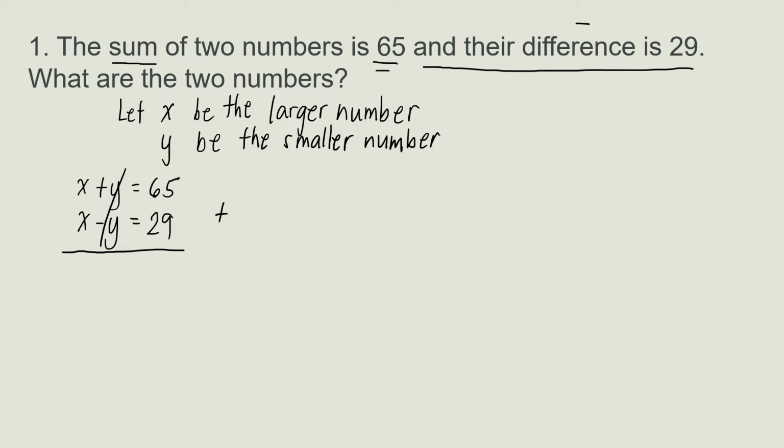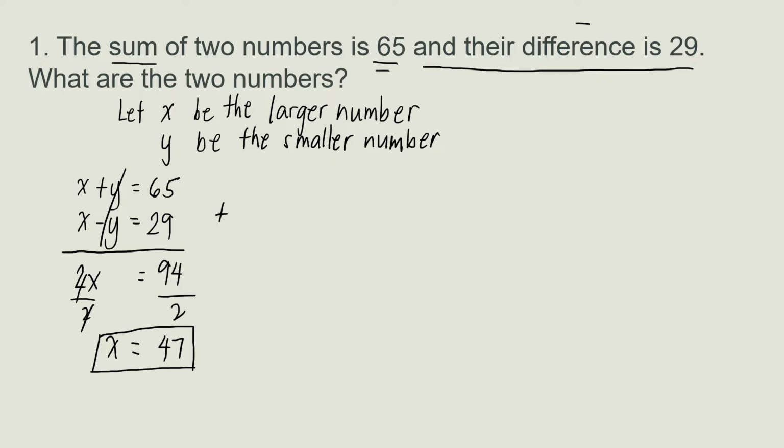You will have x plus x, that is 2x, and 65 plus 29, that is 94. Divide both sides by 2 so that we can cancel 2 here and we only have an x. 94 divided by 2 is 47. So we now got the value of x, which is 47, meaning the larger number is 47.